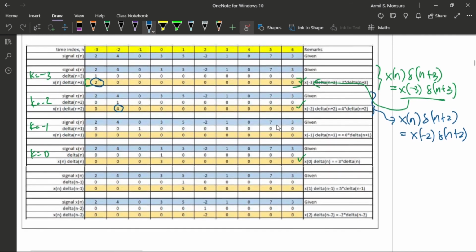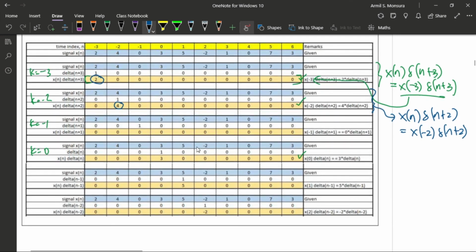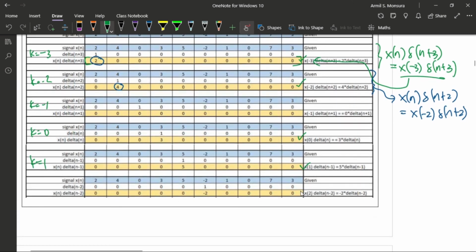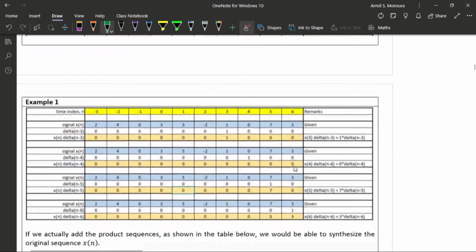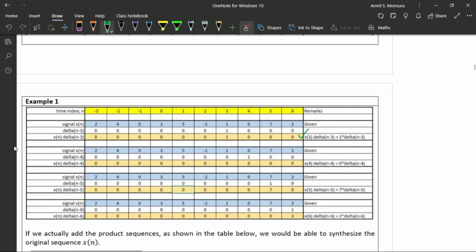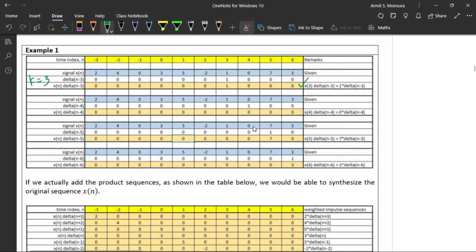Okay, so, nakita natin yan kanina. So, this is the product sequence for k equals 1, the product sequence for k equals 2, the product sequence for k equals 3, the product sequence for k equals 4, the product sequence for k equals 5, and the product sequence for k equals 6.